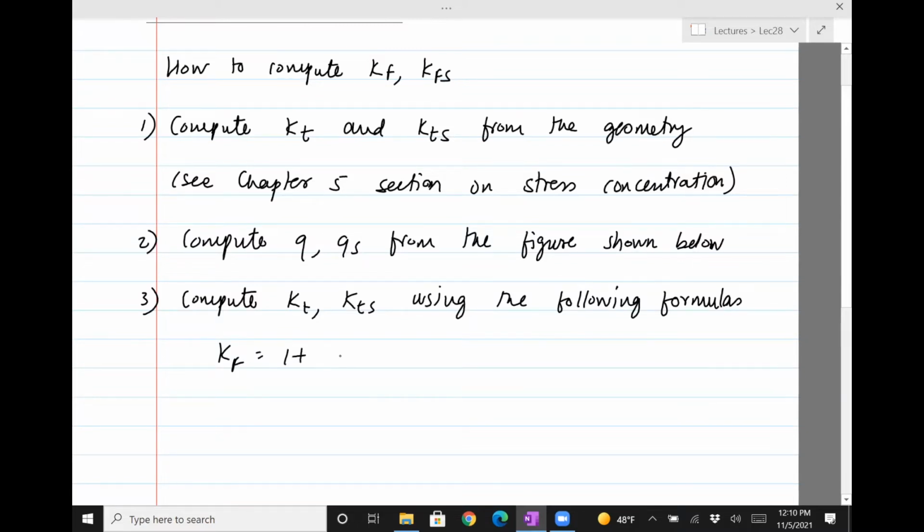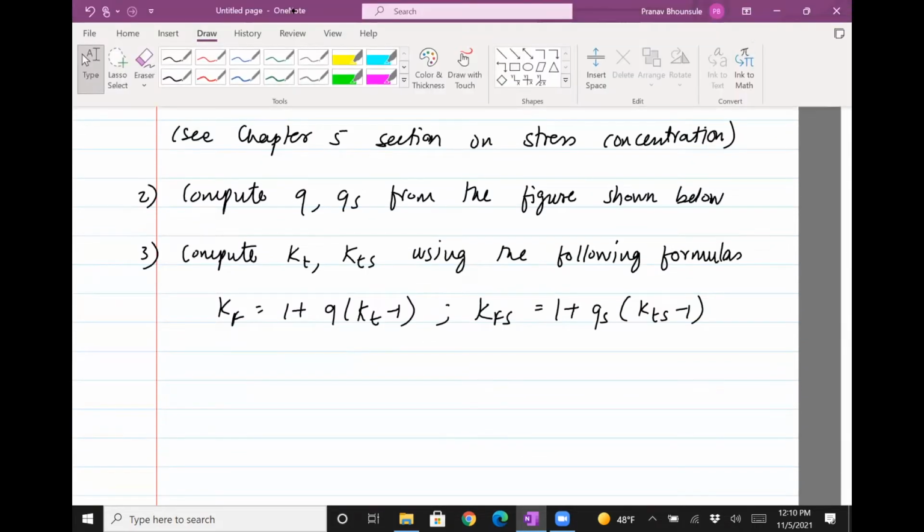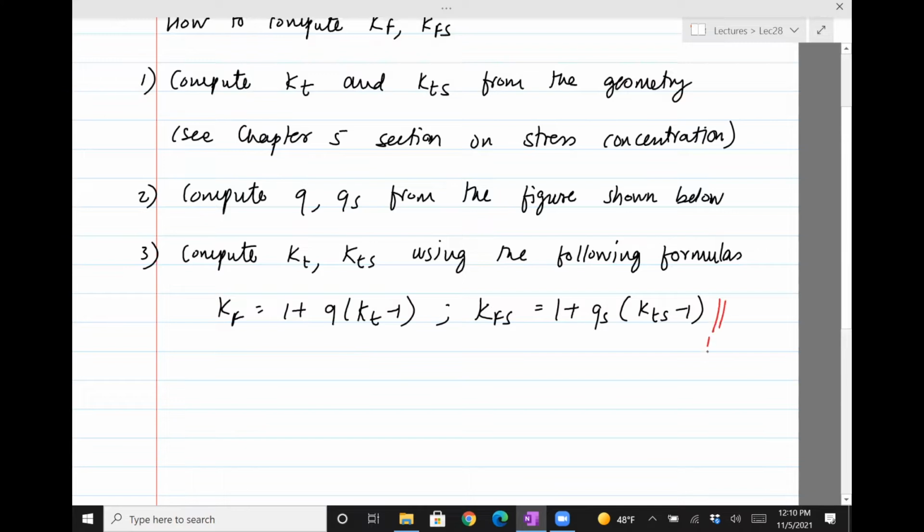KF equals 1 plus Q times KT minus 1, and then KFS equals 1 plus QS times KTS minus 1.